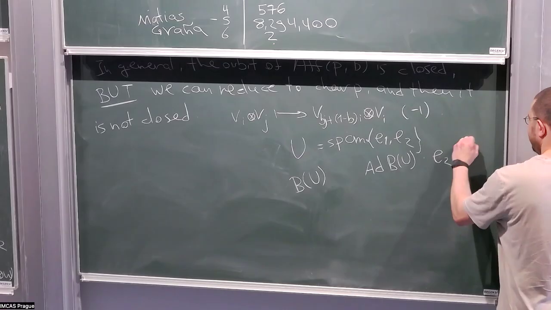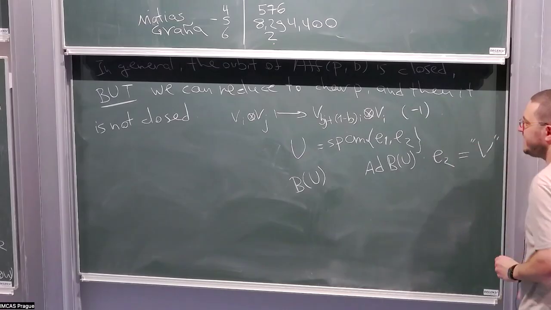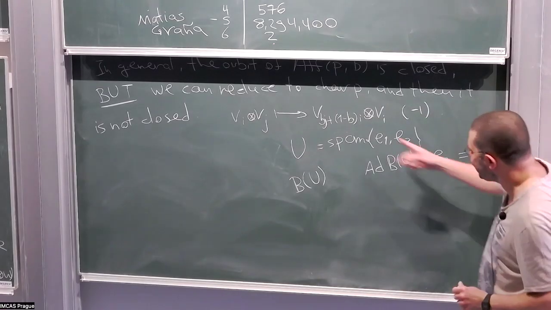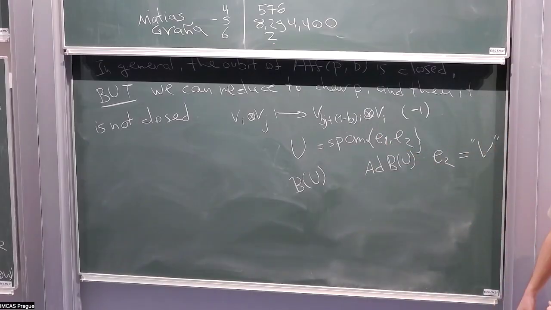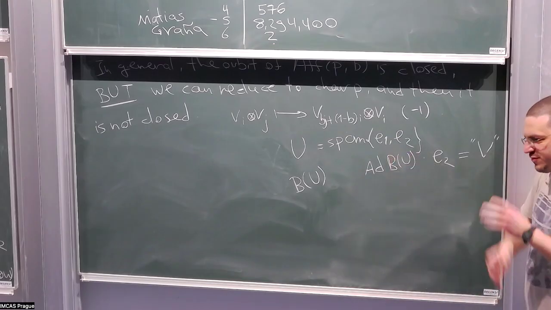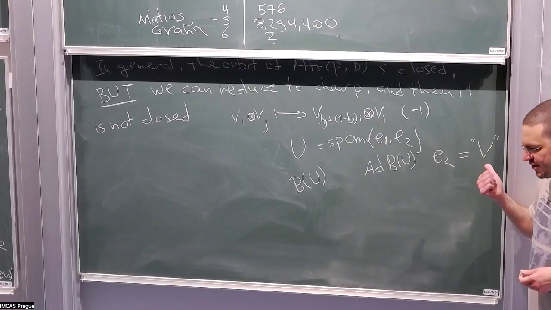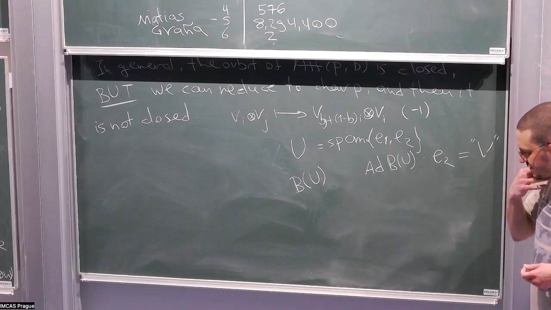Okay, not exactly this V, but the V after I pass to the orbit in the closure and so on. But okay, the Cartan matrix, it's just 2 by 2, and it appears in our paper.